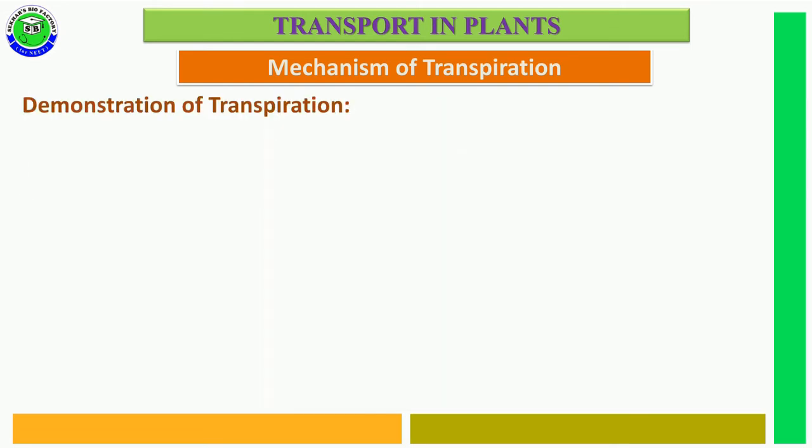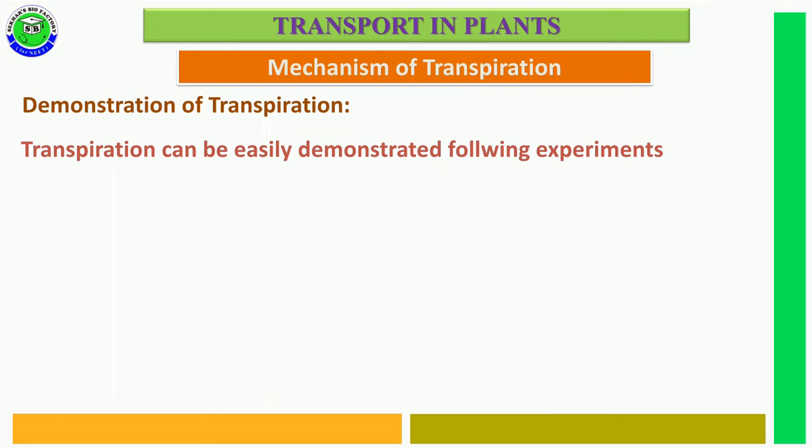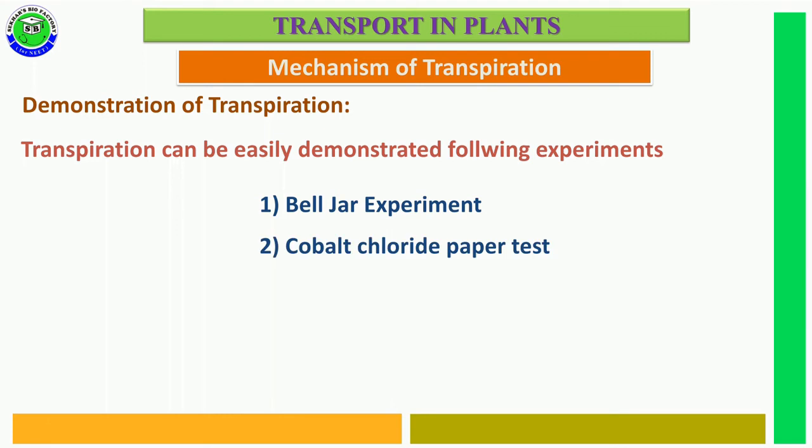To demonstrate the transpiration mechanism, transpiration can easily be demonstrated with the help of the following experiments. The first experiment is the bell jar experiment and the second experiment is the cobalt chloride paper test.